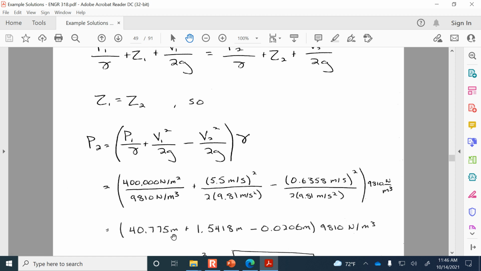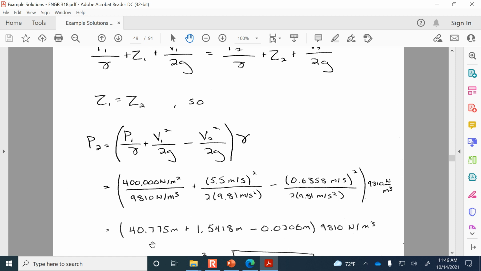So the sum of those two, the pressure head and the velocity head, is the total amount of energy at 1, and we subtract out this minuscule amount of energy that will be tied up as velocity head at 2. The flow is going 0.63 meters per second. There's hardly any energy tied up with that velocity.